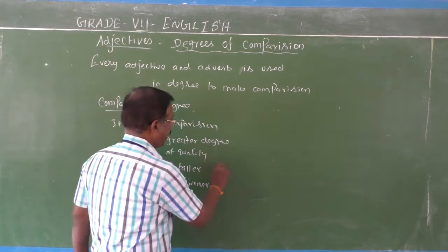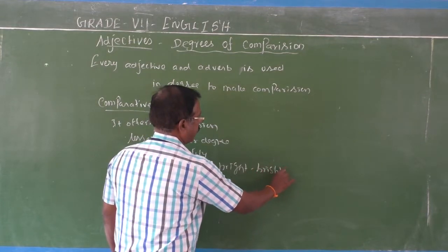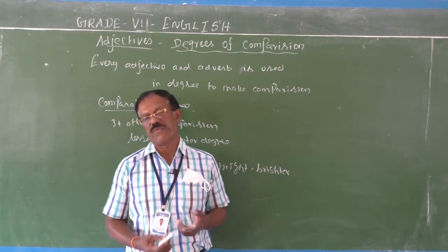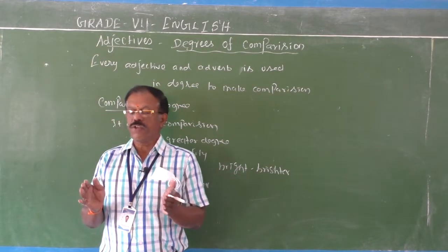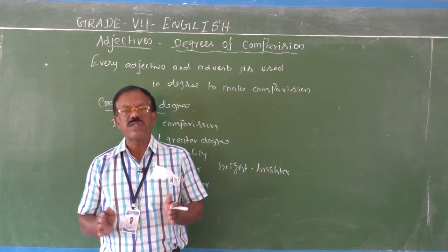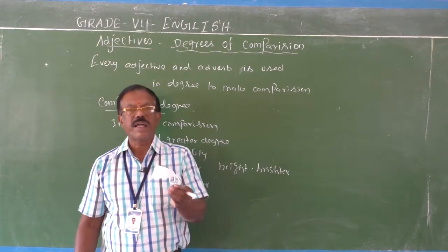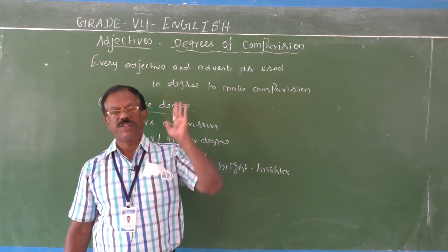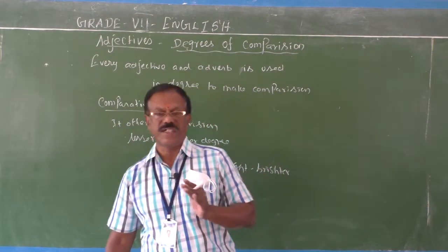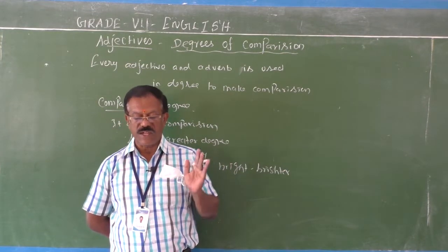For example, bright, brighter. In this way, you can give more examples for this comparative form. Normally, the comparative form of adjectives is derived by adding er to the base form of adjective. By doing so, we get the comparative form of adjectives.